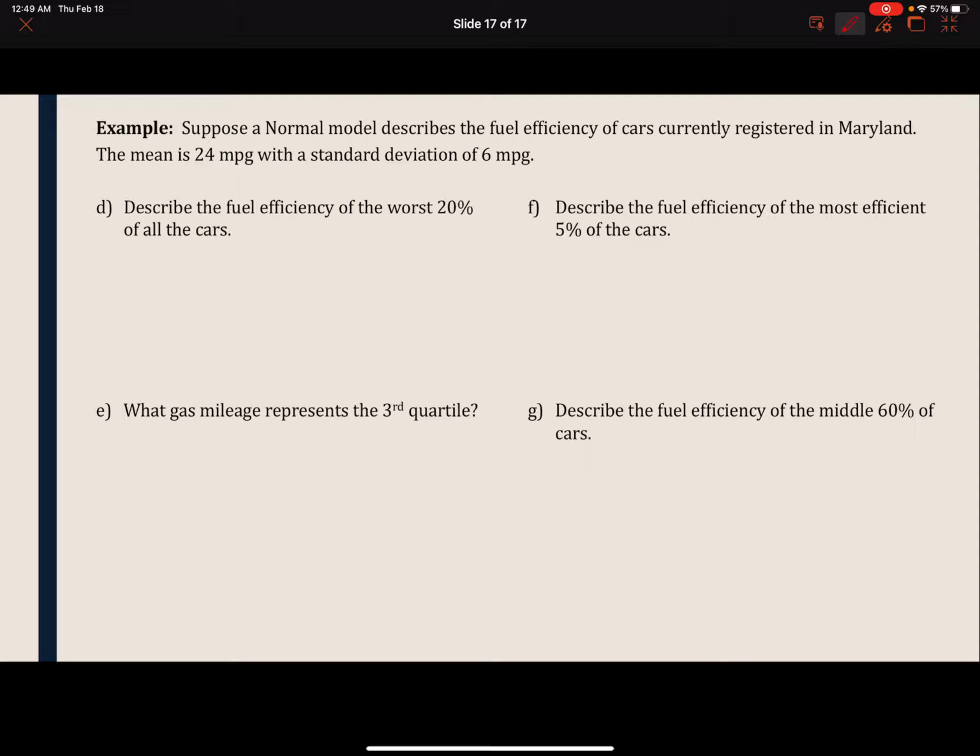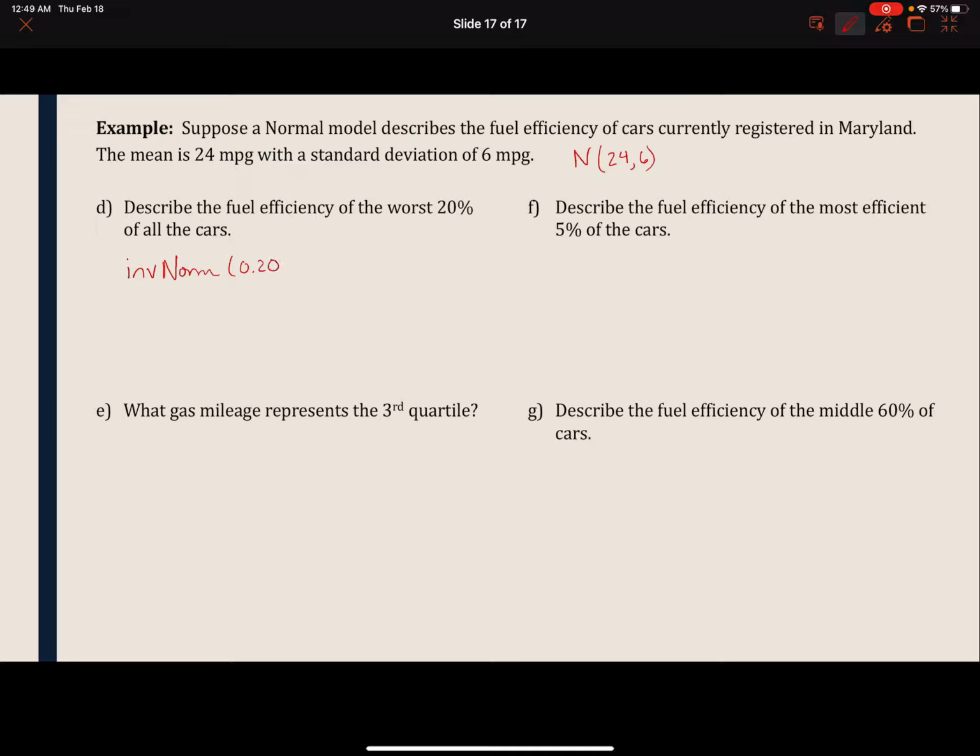So now, again, I just couldn't fit it all on one page. Still the same scenario. I'm talking about the fuel efficiency of cars in Maryland, and I'm applying a normal model. And for part D, it says, describe the fuel efficiency of the worst 20% of cars. Well, the worst 20% are going to be the lowest 20%, or the left side. So regardless of which calculator you're using, the old one or the new one, you're going to enter 20% for InvNorm.